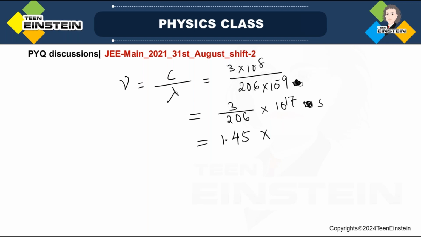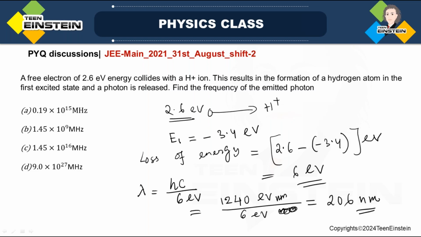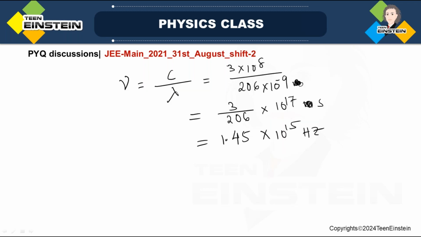Per second means hertz. So this will be 10 to the power 15 hertz. Let me check the options here. We'll just cross check the powers: 10 to the power minus 9, 8 meter, 17, 18, 17, fine.